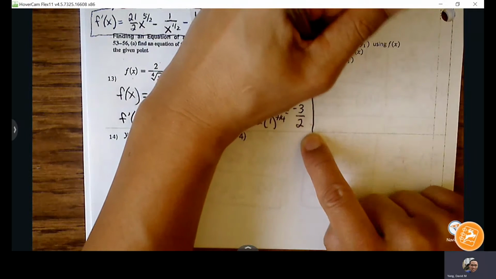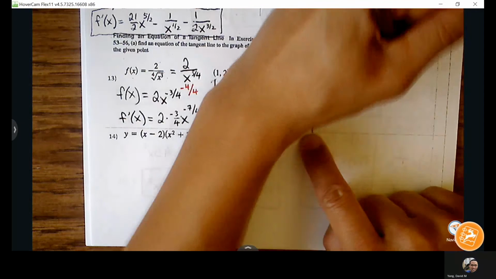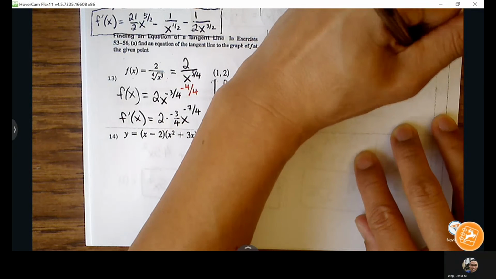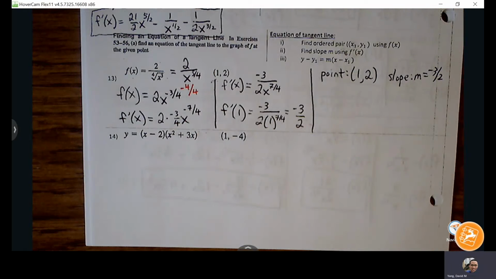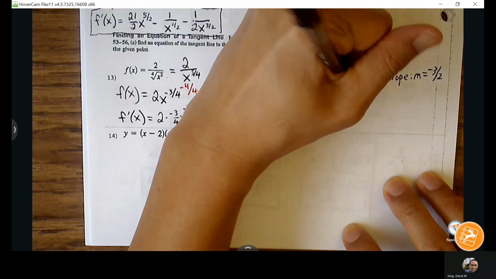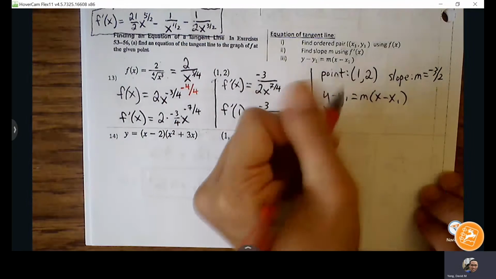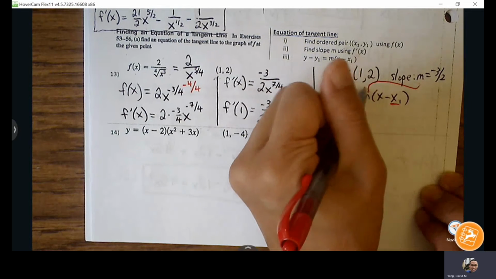Let me collect that information. And then point slope form. The point's going to replace the x1 and y1, and then the slope m is going to replace that m there.